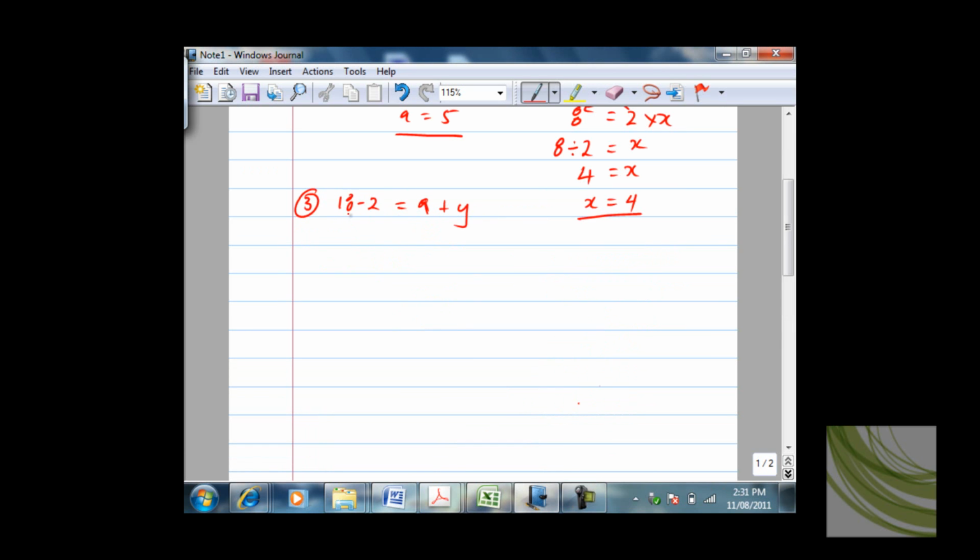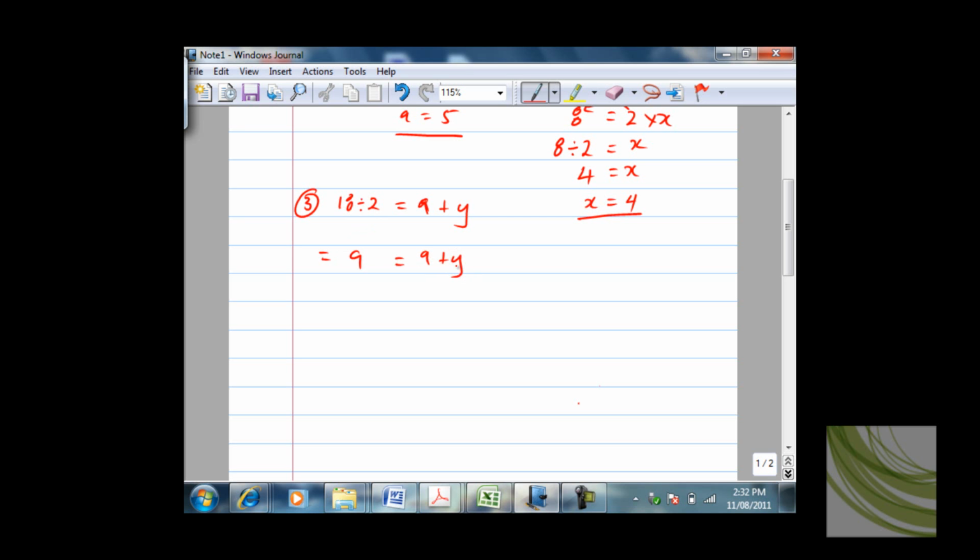Our next question says 18 divided by 2 equals 9 plus y. So what I can do is solve this part here right now. So 18, sorry, it should be divide. 18 divided by 2 is 9, and on the right hand side we got 9 plus y. And what I need to do is make y the subject of the formula.